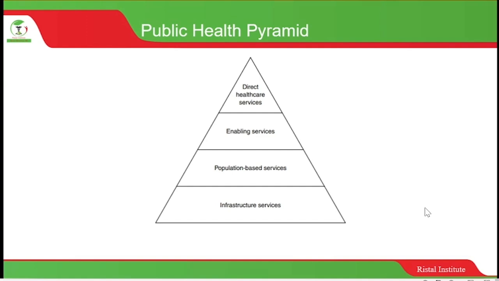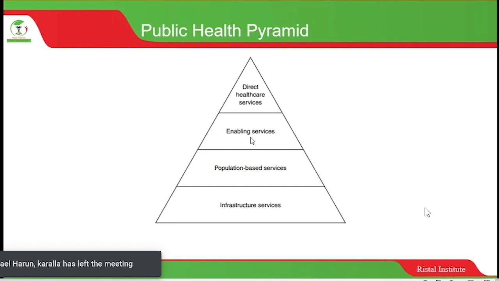So while this level has a narrow focus, individuals rather than population, because it targets an individual rather than population, it is vital for restoring and maintaining health. Simply, that's how I can explain this for you. That is the pyramid.